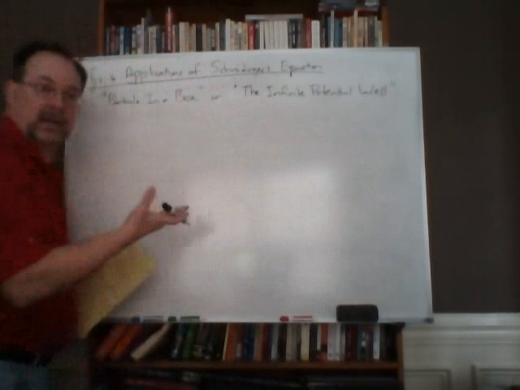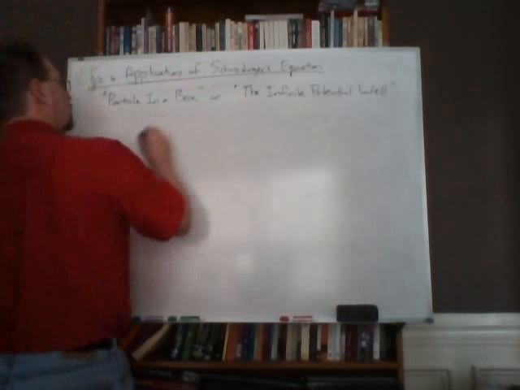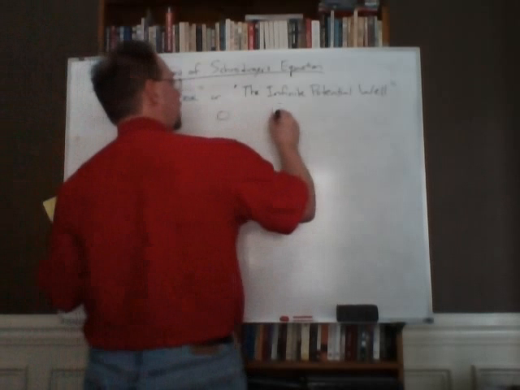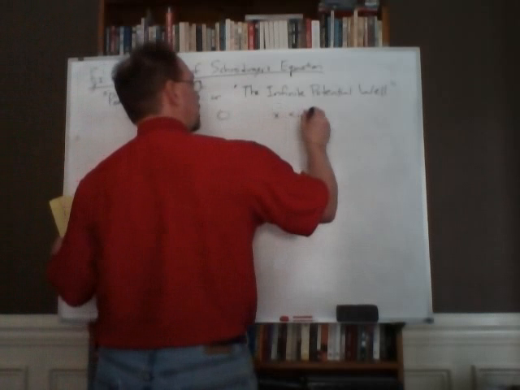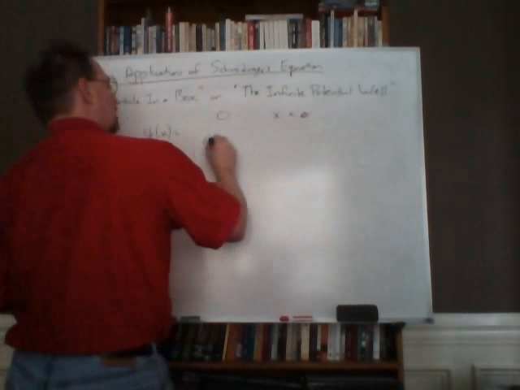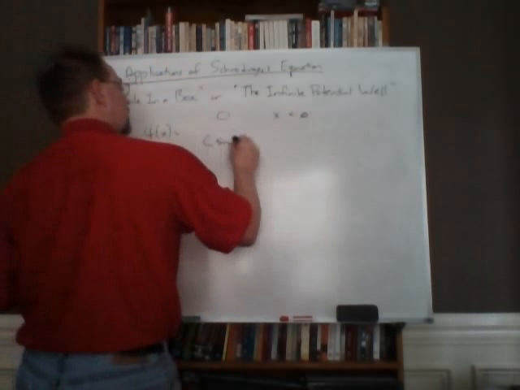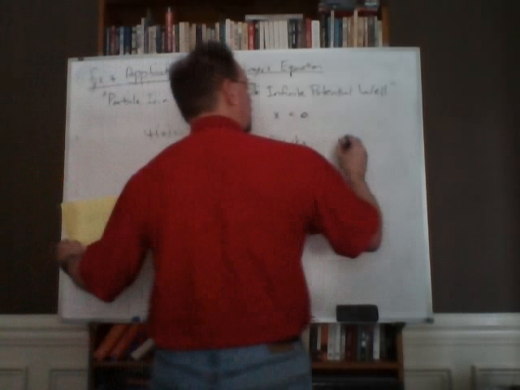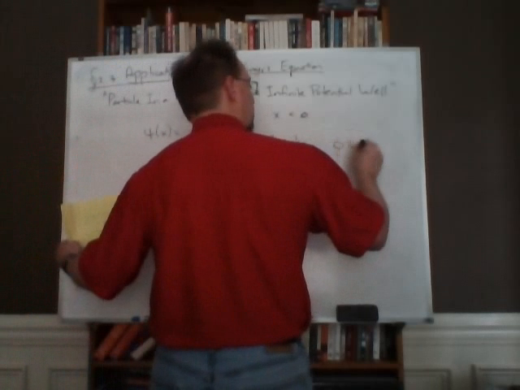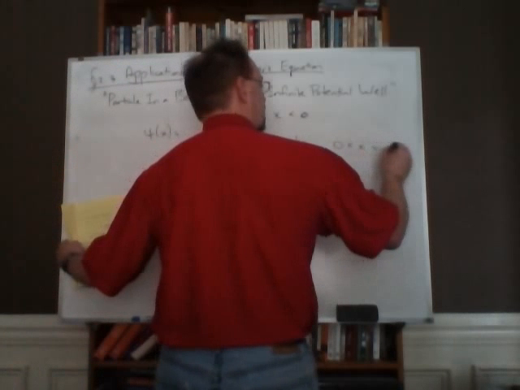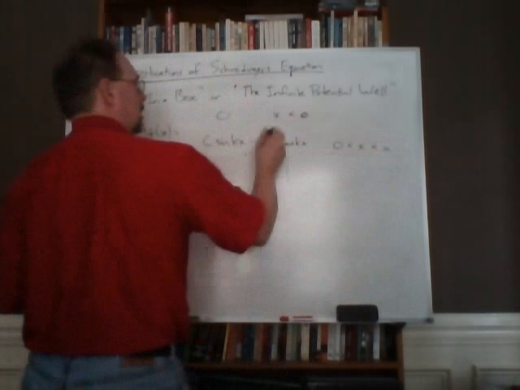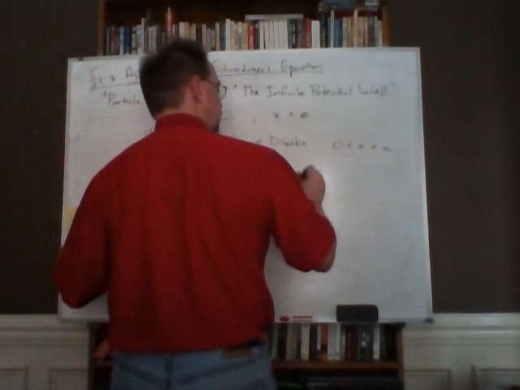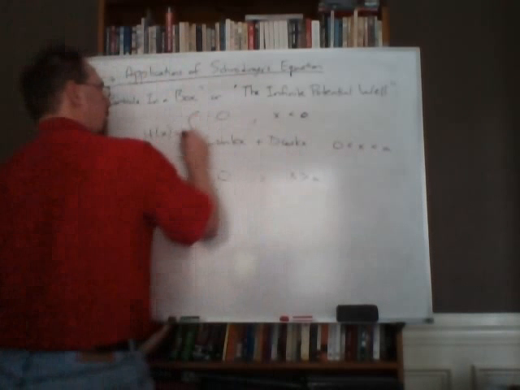Well, we can write down what we've got so far. 0 in region 1, so for x less than 0. C sine kx plus D cosine kx for 0 less than x less than a. And it's going to be 0 for x greater than a.